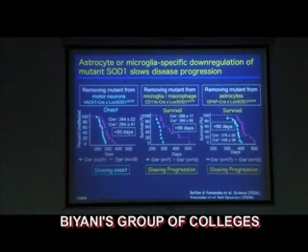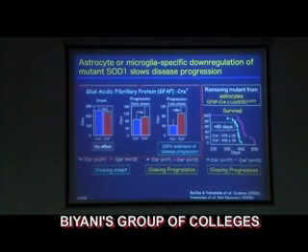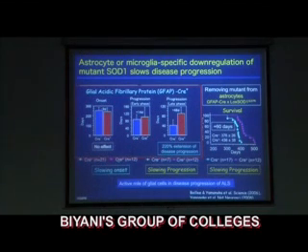And this is the overall result: motor neuron-specific reduction slows disease onset, and microglia and astrocyte-specific gene removal slows disease progression. And the detailed result also indicates there's no effect on disease onset when we remove the SOD1 from astrocytes. However, there is a twofold extension of disease progression when we targeted astrocytes. So all those studies really indicate the active role of glial cells in disease progression of motor neuron disease.